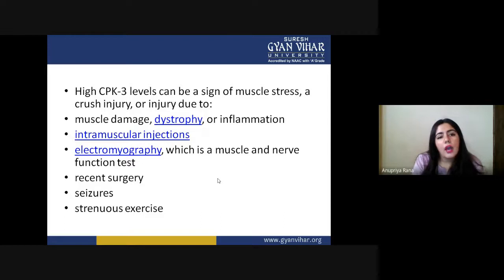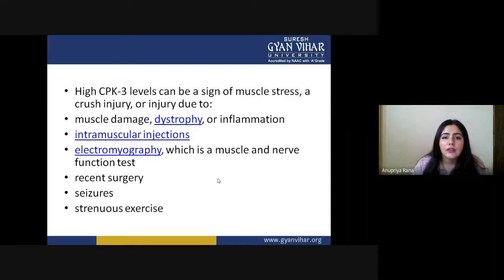Third, a high CPK3 level can be a sign of muscle stress, crush injury, or injury due to muscle damage, such as dystrophy or inflammation, intramuscular injections, and electromyography, which is a muscle and nerve function test.